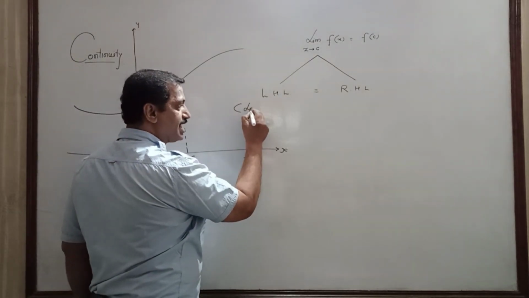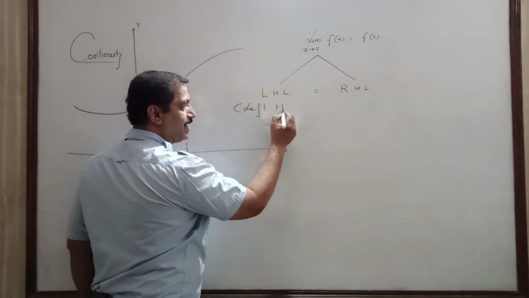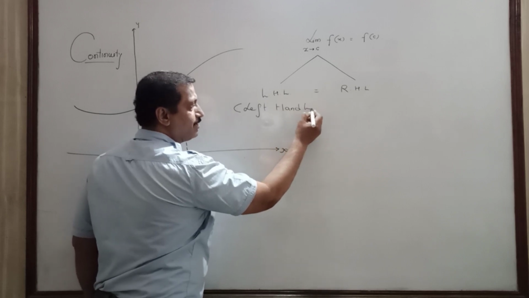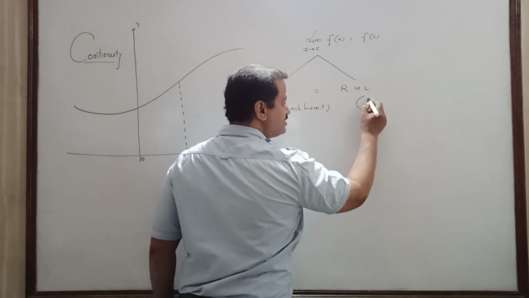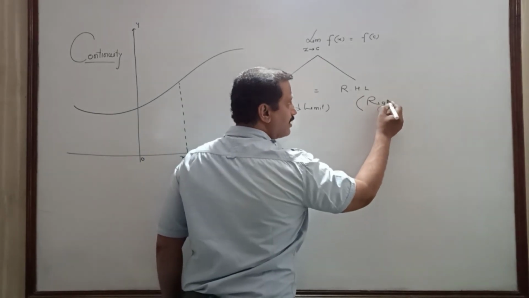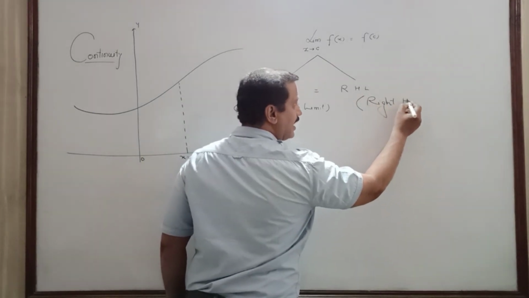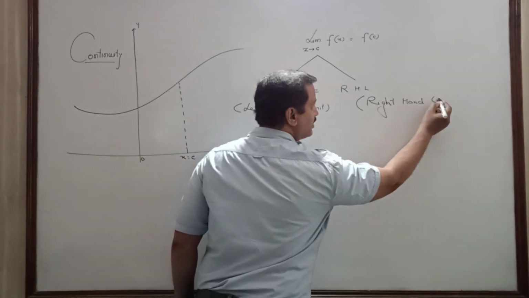LHL means left hand limit. RHL means right hand limit.